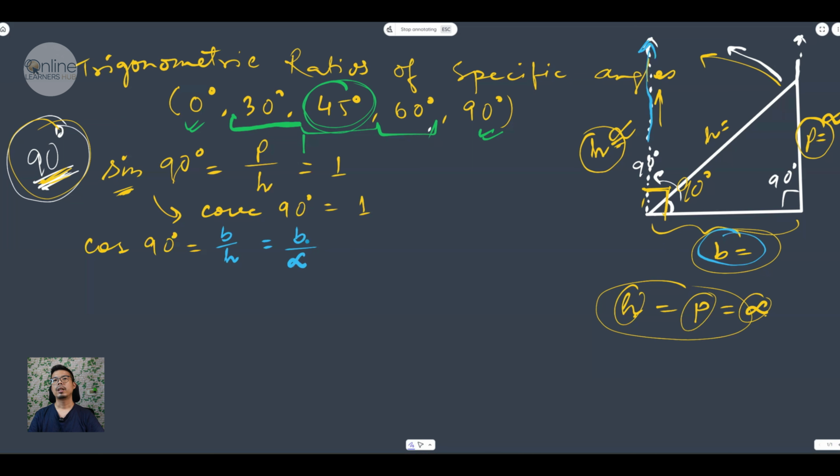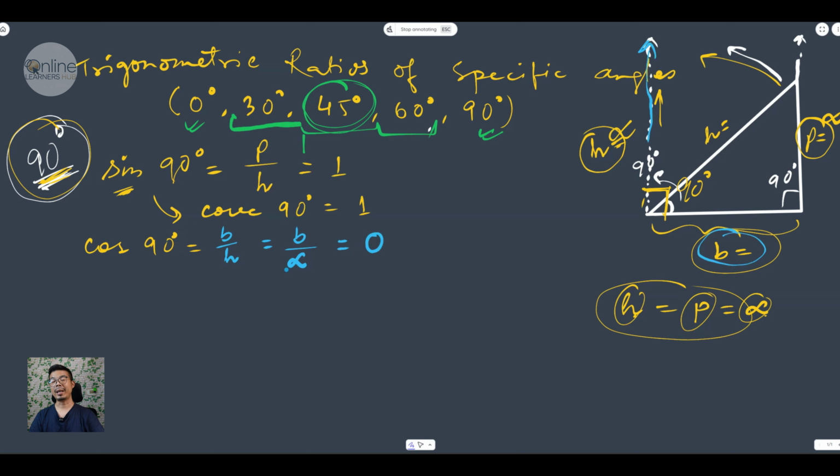So think about it. A number which is divided by infinite, that means that number will be very small. Okay, that number will be very, very small, which is very close to 0. So we consider this as 0.